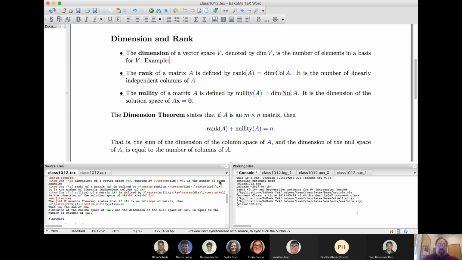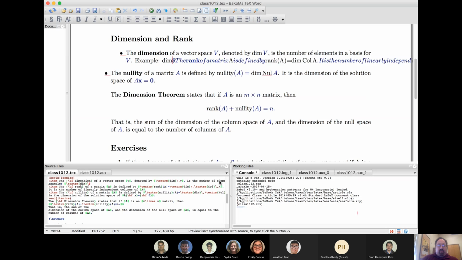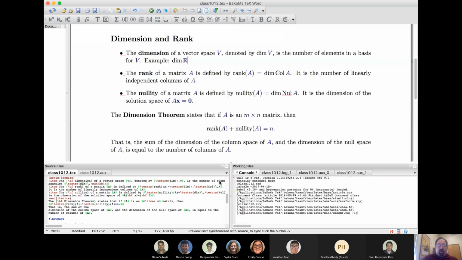For example, the dimension of Rn is always equal to n, because you could use the standard basis vectors E1, E2 up to En, which are linearly independent, and they span the whole space.